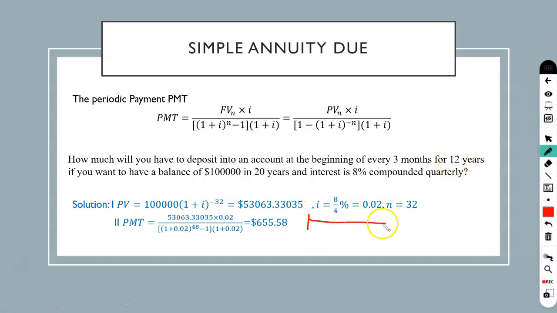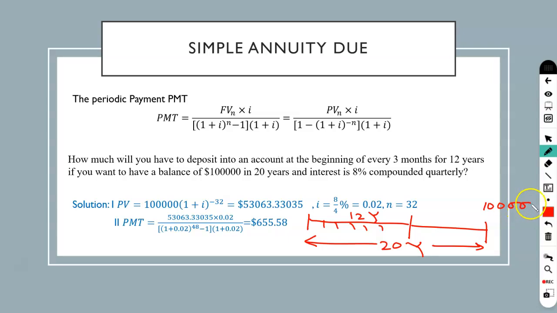First 12 years you are depositing the money and you know the balance after 20 years. So this is 12 years. You know the balance after 20 years, it is $100,000. So you have to find how much you should pay here so that you can have $100,000 after 20 years.